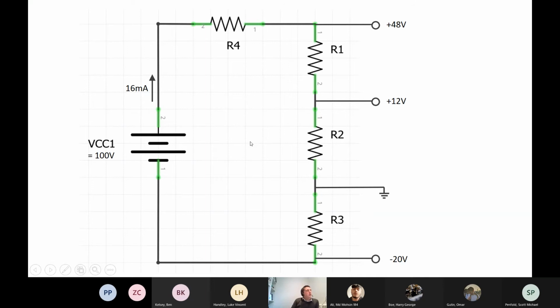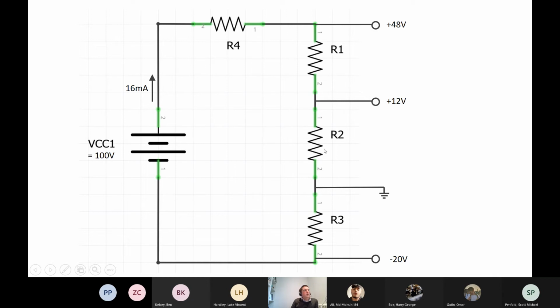In the last few circuits, we've been trying to work out what all of these voltages are at different points in the circuit based on the resistor values. In this question, we're given the voltages, so we don't have to calculate those, and we're given a current, but we don't know all of the resistor values.